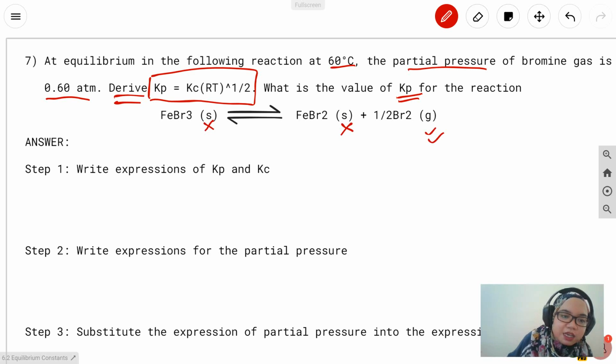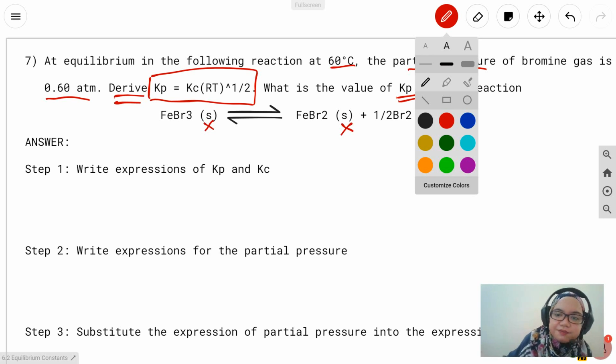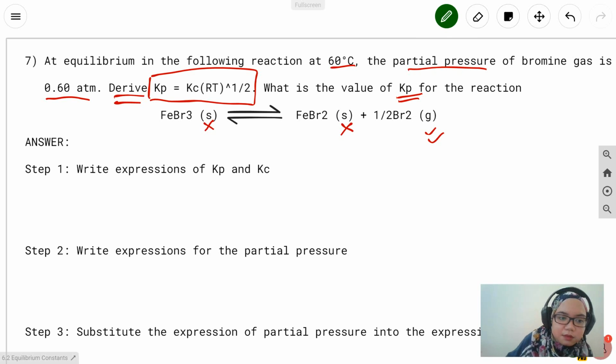So what we can do is, we can say that for Kc is equal to the concentration of Br2 to the power of 1 over 2.